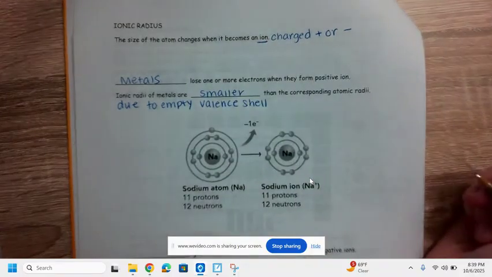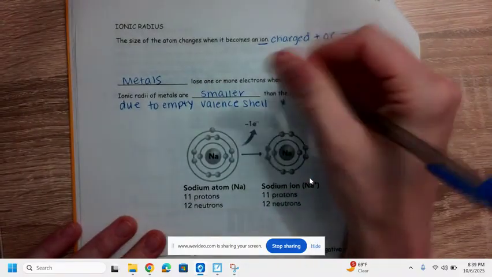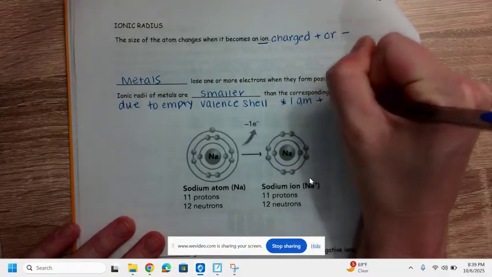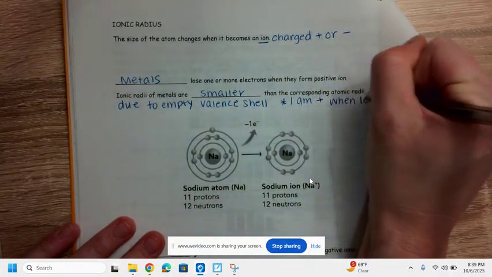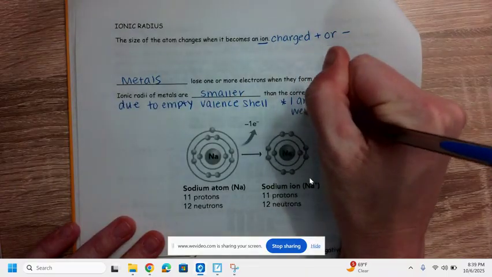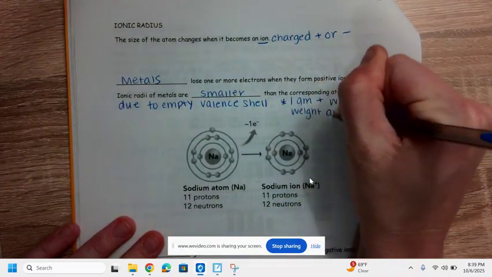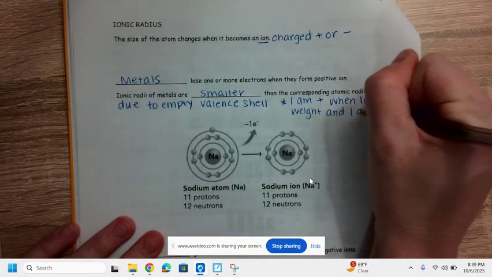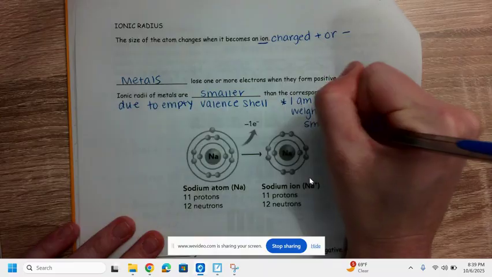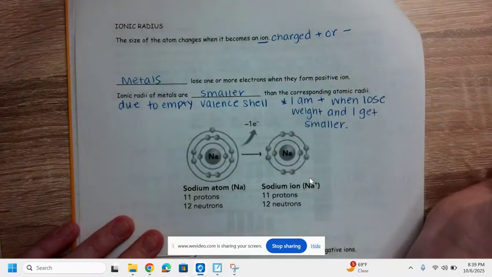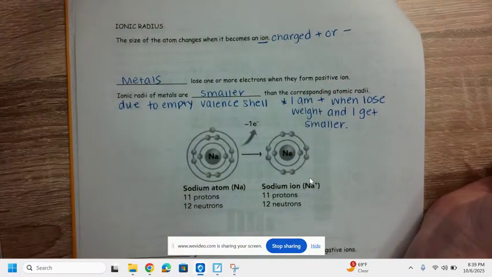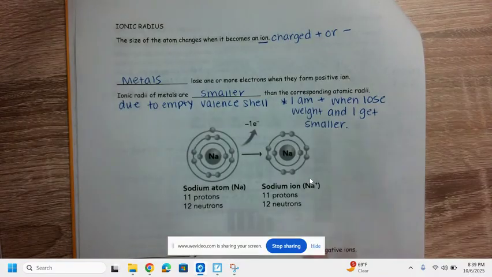And if it helps you to remember this analogy, you can remember this. I am positive when I lose weight, just like losing an electron, and I get smaller. Same thing when an atom loses an electron, it becomes positive and it's going to have a smaller ionic radius.